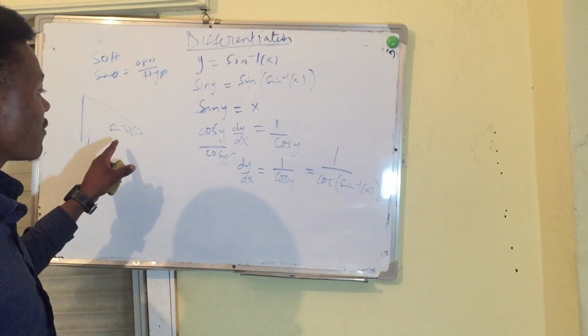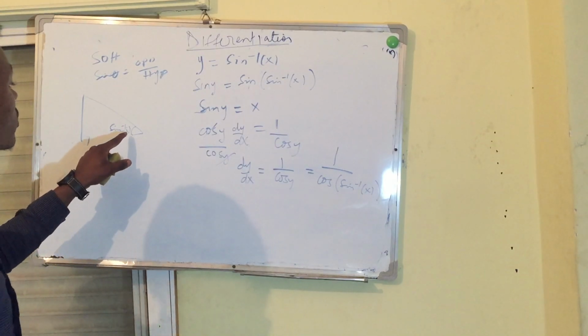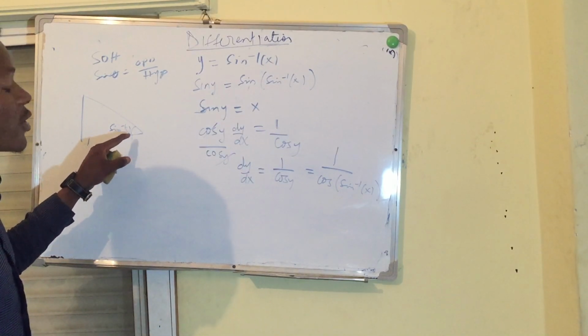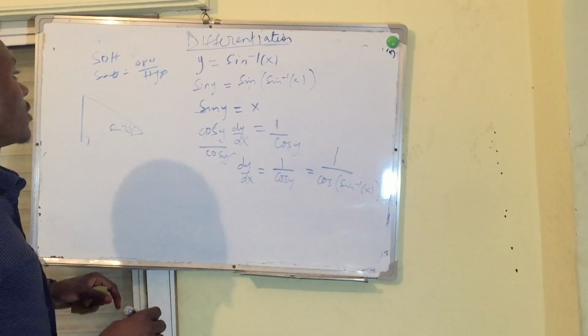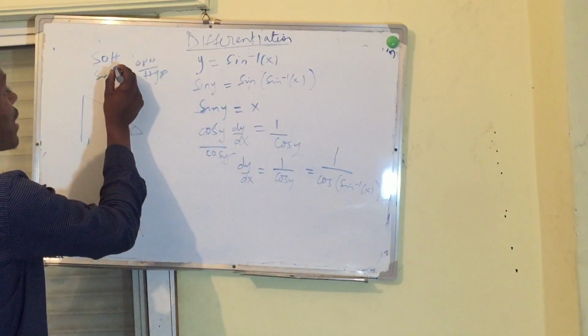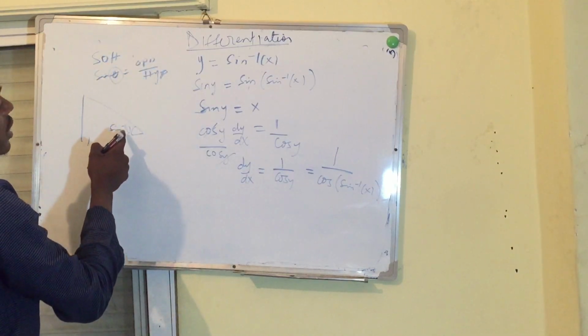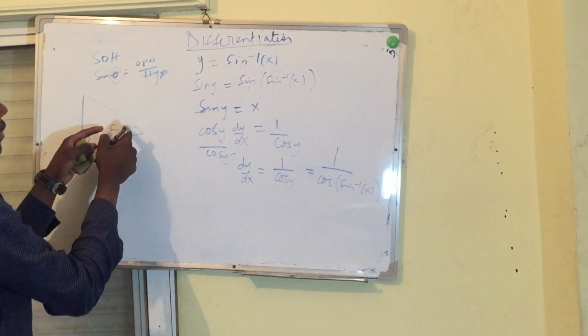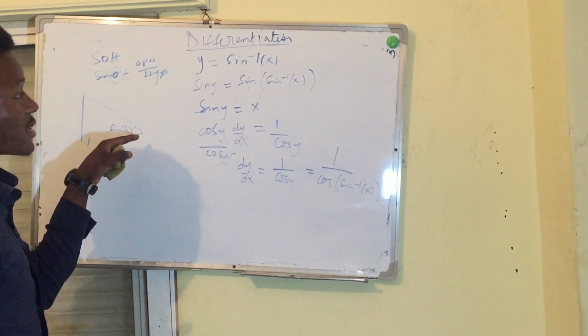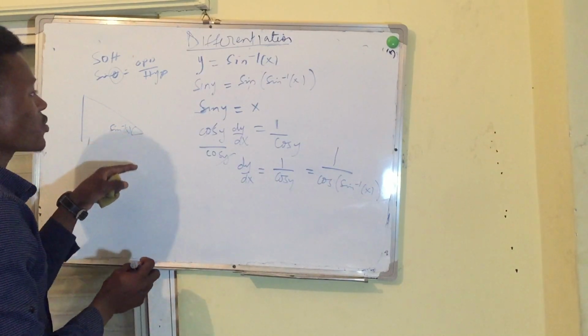So this shows that x is opposite over hypotenuse. Because to find this theta, you say sine inverse of opposite over hypotenuse. So this angle theta is sine inverse of x. So this x is opposite over hypotenuse.